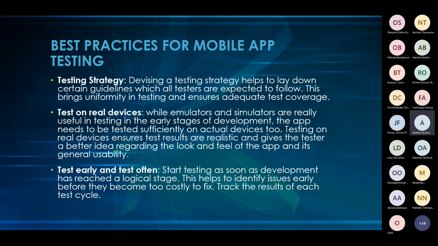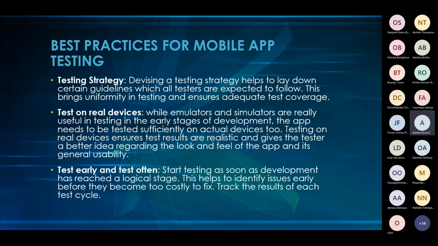So what does this mean per se? When we want to do our mobile testing, first of all, strategize what you want to do. How do you want to go about your testing?